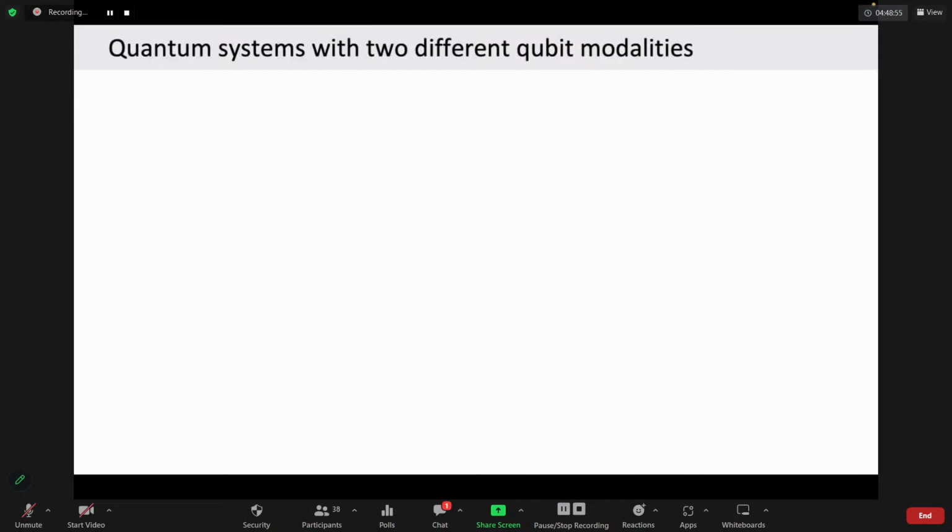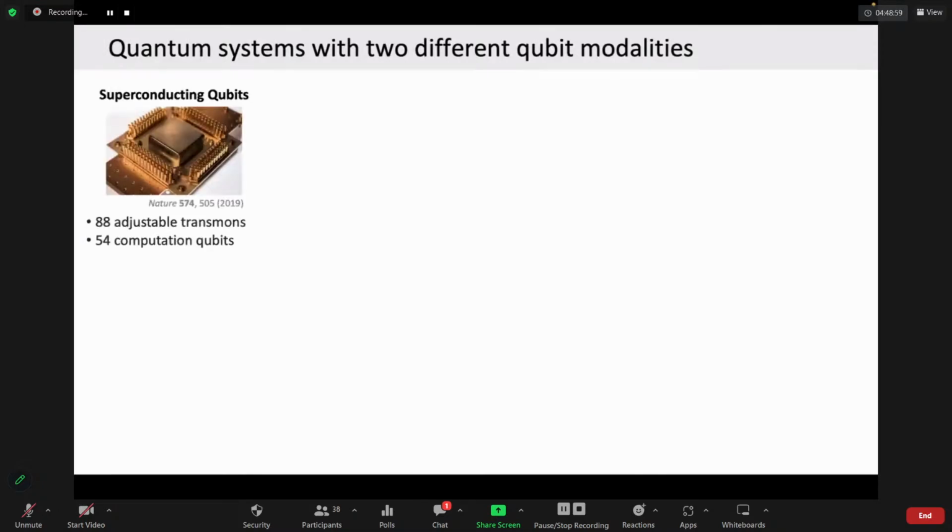We can answer this by looking at other quantum architectures that also use two different qubit types. For example, superconducting qubits: if you think about the Sycamore chip, you think about 54 computational qubits, but actually there are more qubits, which can be used as couplers to mediate gates between the qubits.